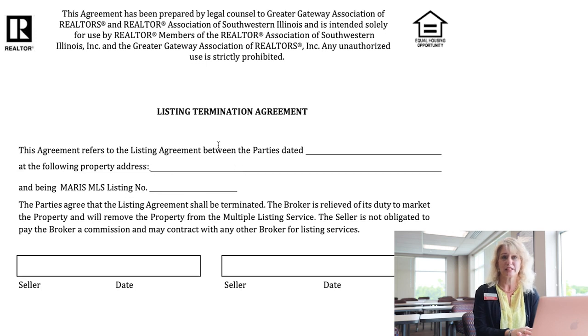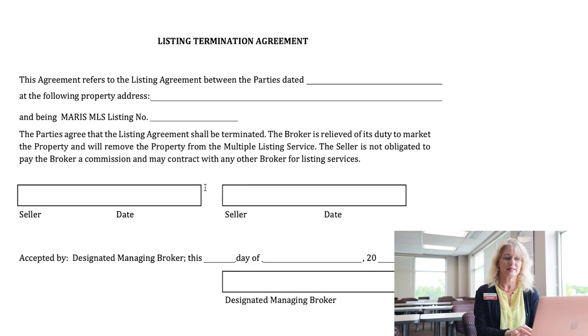That's the listing termination agreement. And so the agreement is referring to the listing agreement between the parties. This is the date the listing was signed, and then the property address, the MLS number, the seller signs, and then the managing broker signs. So I would sign that form.